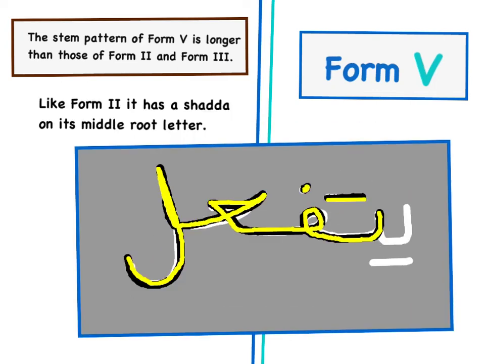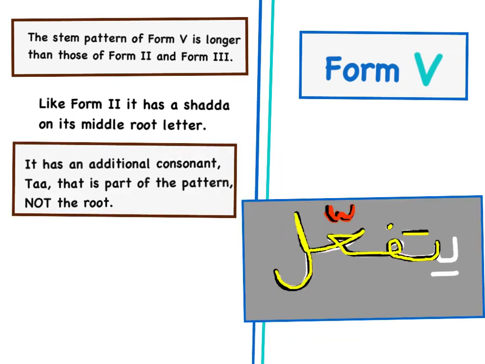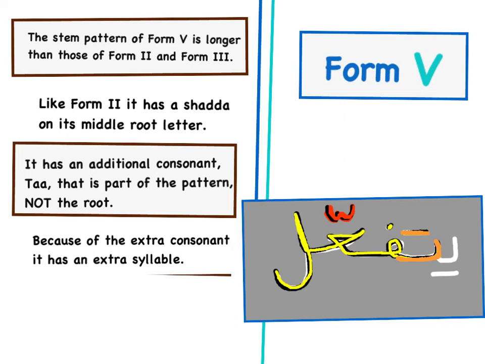Like Form 2, it has a shadda on its middle root letter. It has an additional consonant, ta, that is part of the pattern, not the root. So because of the extra consonant, it has an extra syllable.